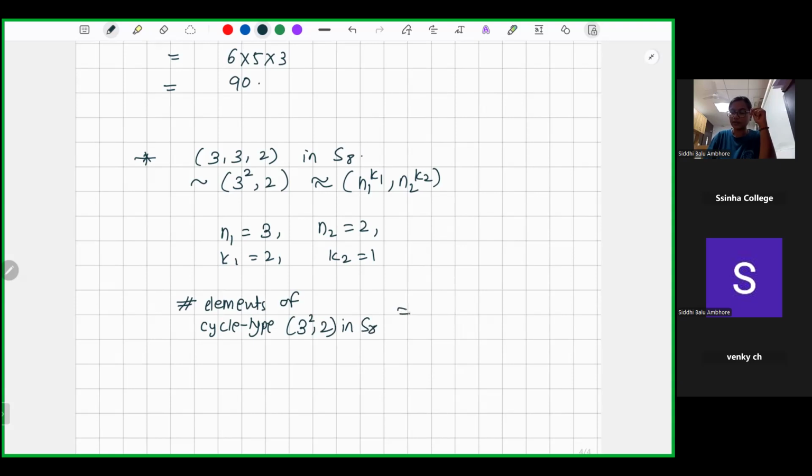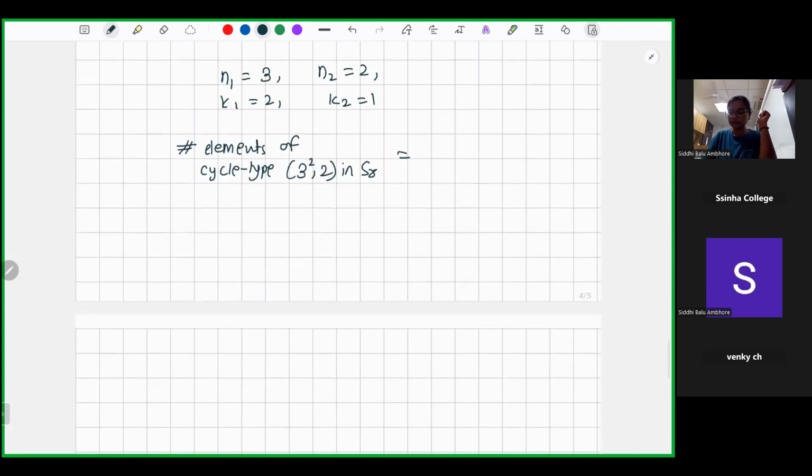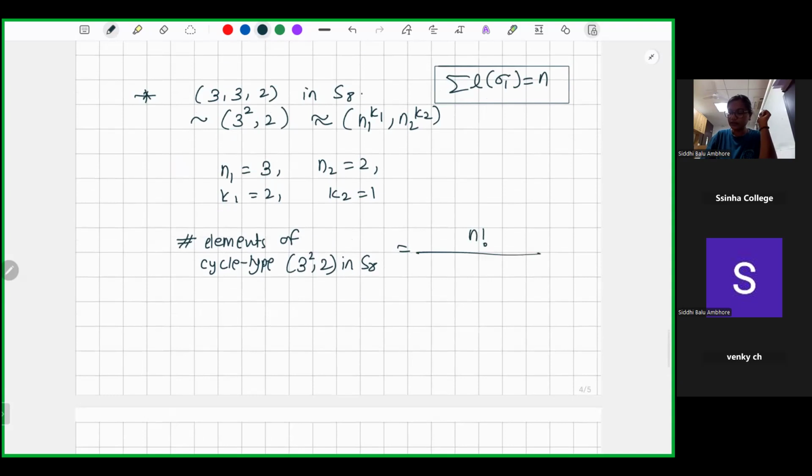Now this is in S8, and remember that the summation of the lengths of the cycles of sigma must be equal to N. So this is N factorial divided by K factorial, which is 2 factorial, 1 factorial, and then N power K1, so 3 square and into 2. Here we are in S8, so this is 8 factorial divided by 2 into 1 into 3 into 3 into 2.